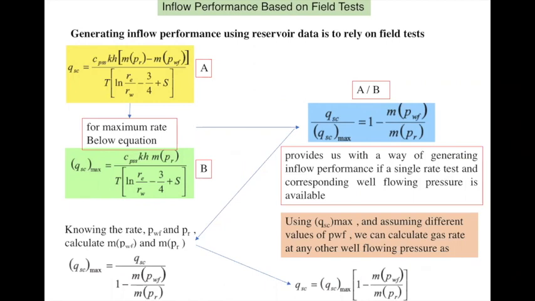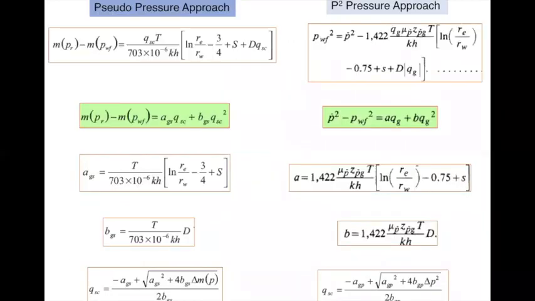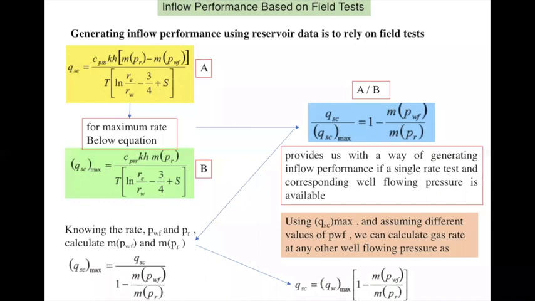In the equation A, which is written above, you can see we have QSC equal to CPSS. CPSS is nothing but the constant that we have seen in the earlier equation, that is 703 into 10 power minus 6, right? This is CPSS into KH.